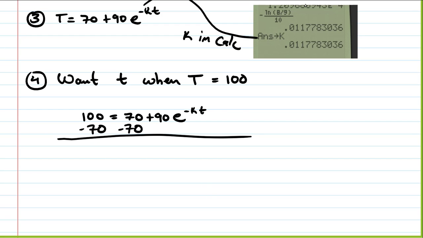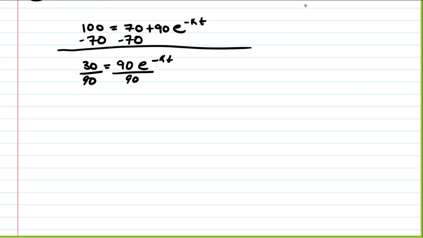So to do so, we minus 70 from both sides, giving us 30 equals 90 e to the negative kt. We divide by 90, and we get 1/3 is equal to e to the negative kt.